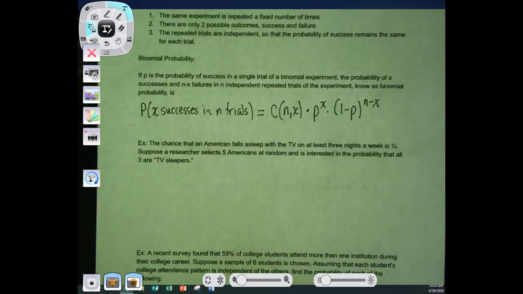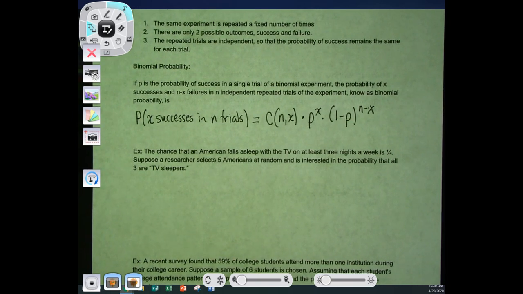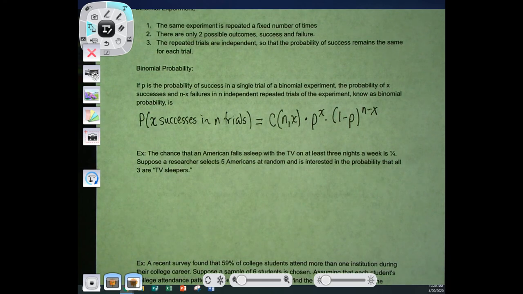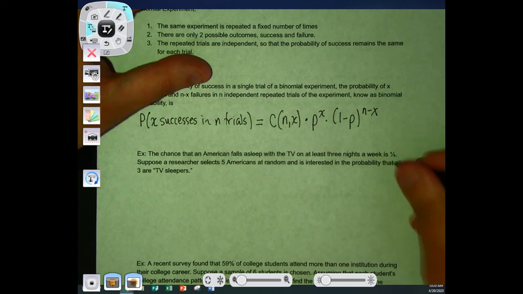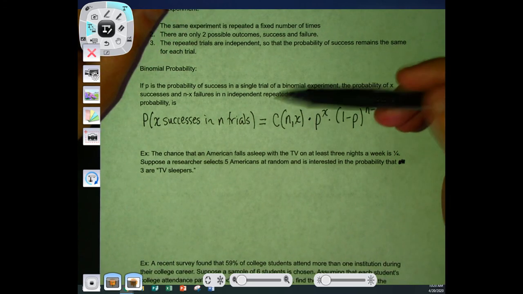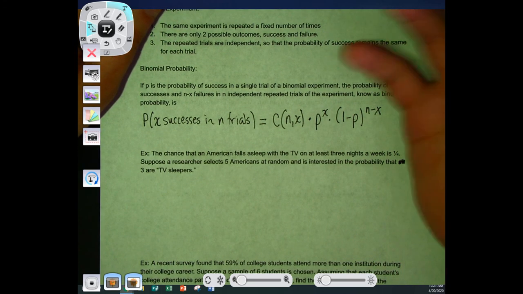So, for example, you are told that the chance that an American falls asleep with the TV on at least 3 nights a week is 1/4. Suppose a researcher selects 5 Americans at random and is interested in the probability that exactly 3 are TV sleepers. Okay, so here we go.